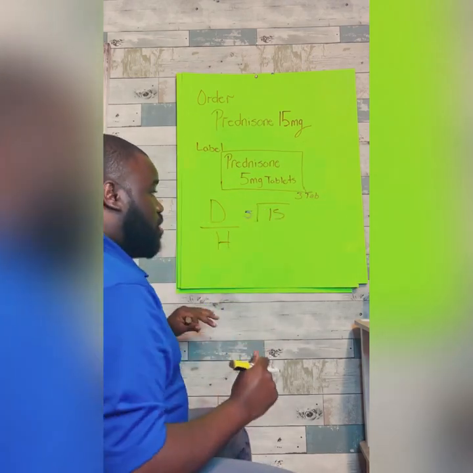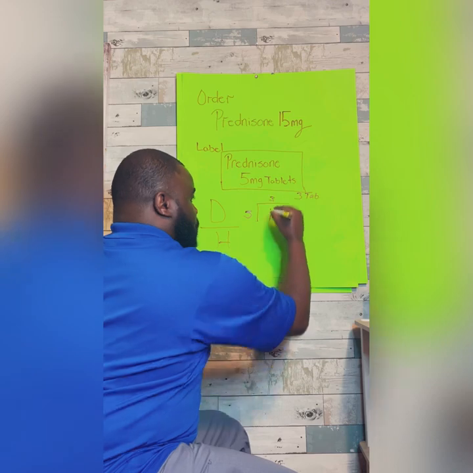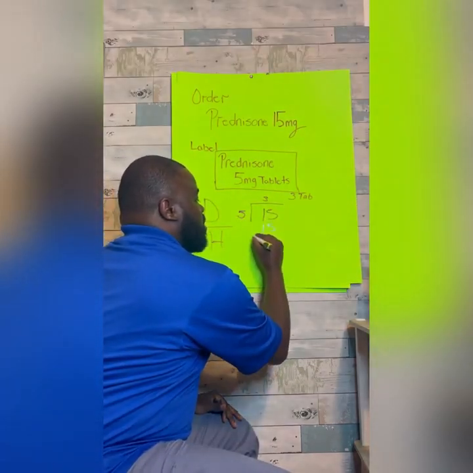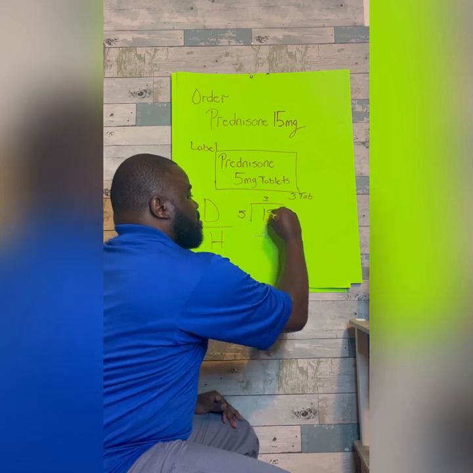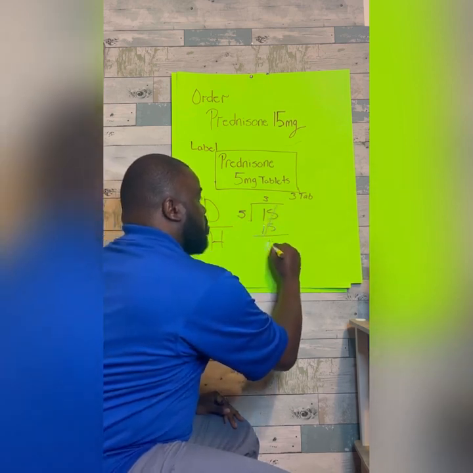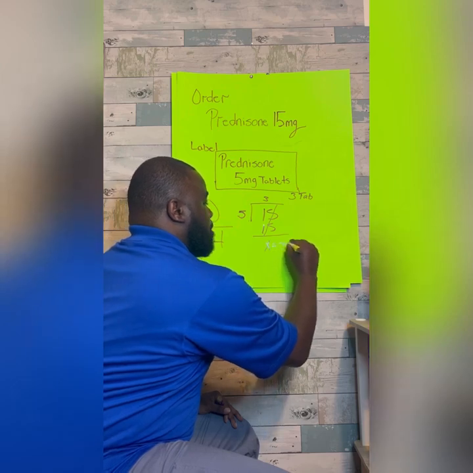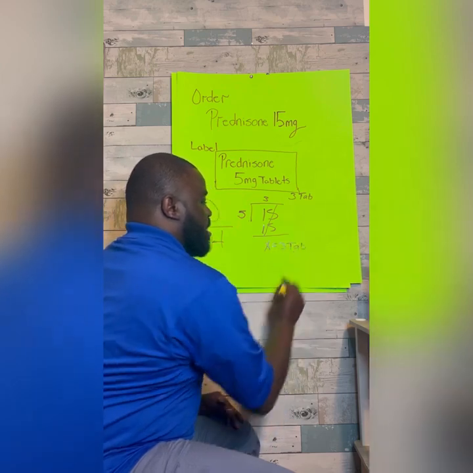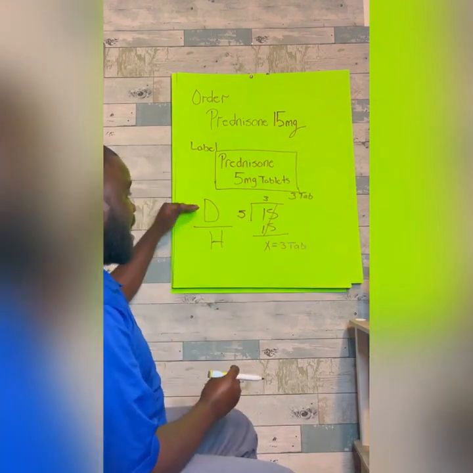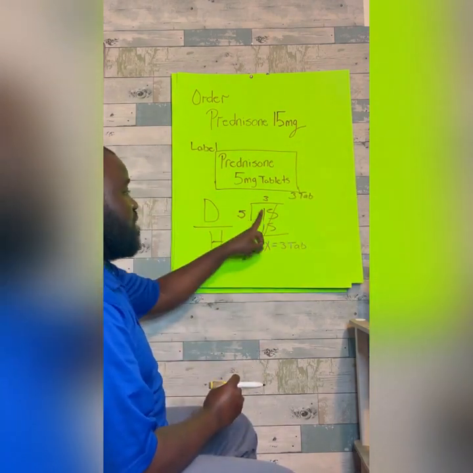All right, so we're going to take 3, like that. 3 times 5 is 15. That cancels out. So we know that X equals 3 tablets. That will be your answer. We took the desired, which is our 15 milligrams.